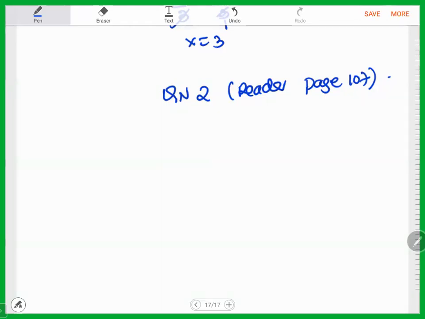Calculate the number of units to be produced by X, Y, and Z to ensure utilization is maximum. So the question is like that.